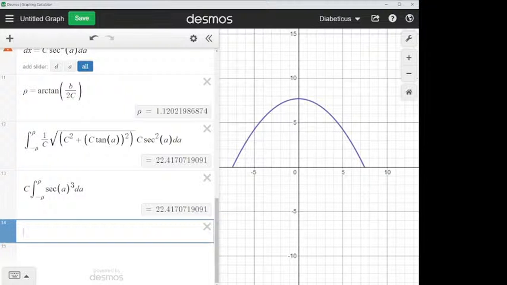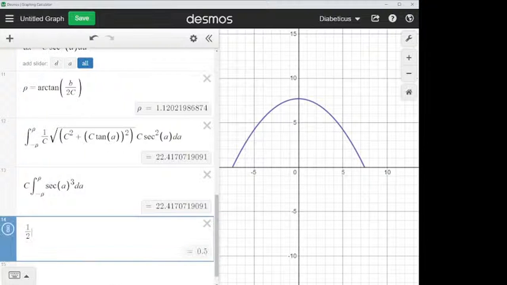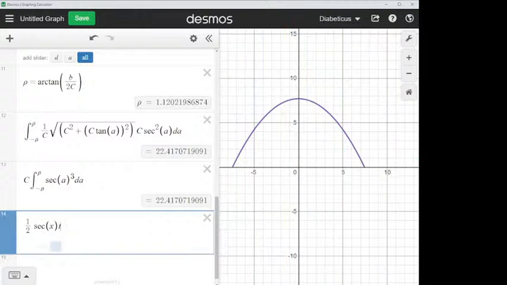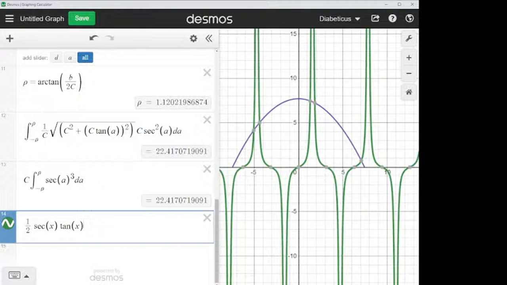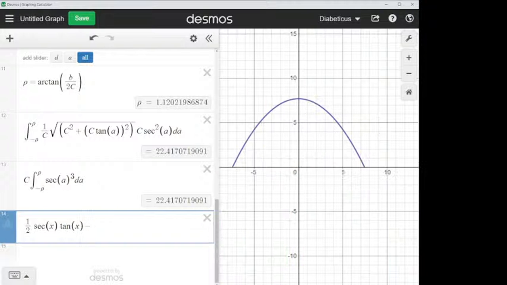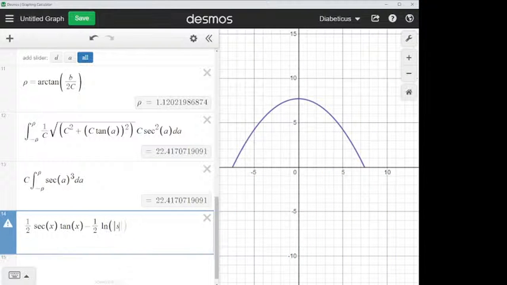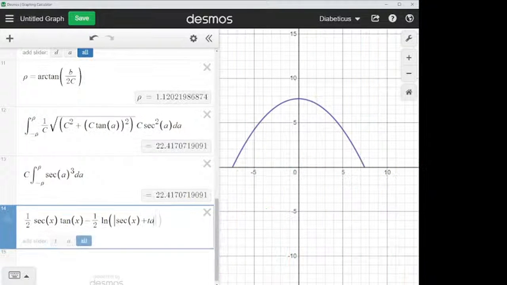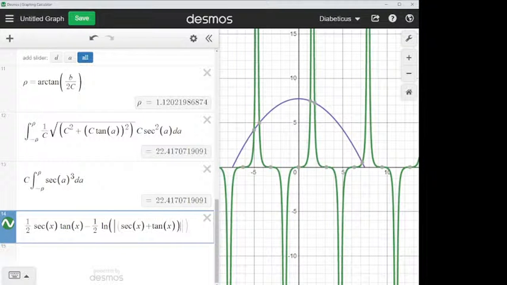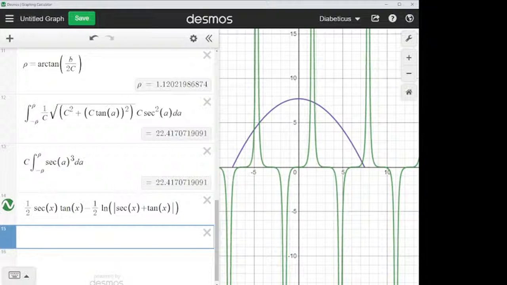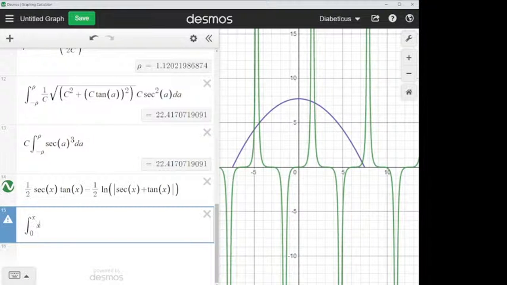Do I remember what this is? Oh, okay, I think I remember it. Something like secant x, tangent of x, minus something involving the secant. And do we want to solve for this again? Do we want to do the whole process once more, guys?